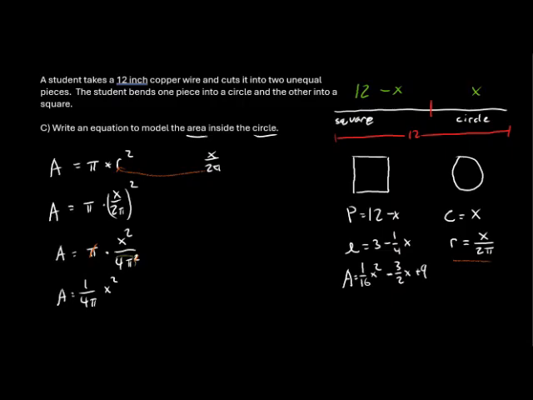This 4 pi that's on the bottom, I have moved away from the x squared and written it as a coefficient. However, since the 4 pi started on the bottom, when I write it separately, it must stay on the bottom. So underneath my circle, I will write that the area is equal to 1 over 4 pi times x squared.